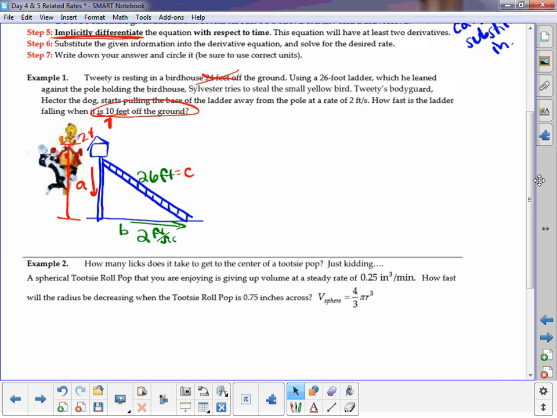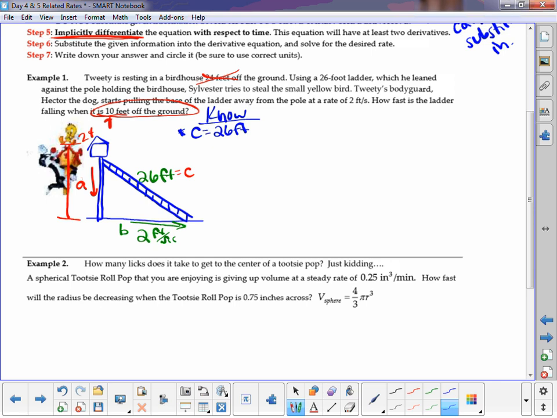So I like to identify everything that I know, from what's been given to me to what I know about the situation. All right, so we know that C is 26 feet. That's not changing, right? That's a fixed value. We know that the rate at which my distance B is changing is 2 feet per second.